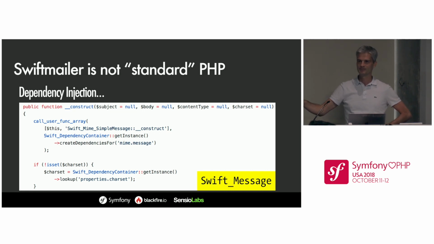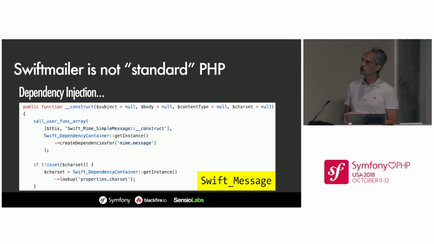Awful, right? That's the way it works. Whenever you have one class in SwiftMailer, you have another one with this trick. That's also why we have a bunch of Swift something, simple something classes.